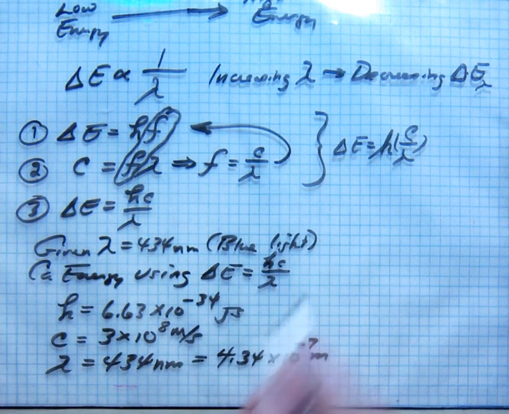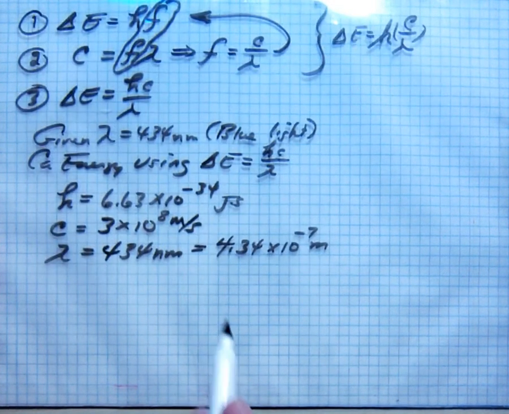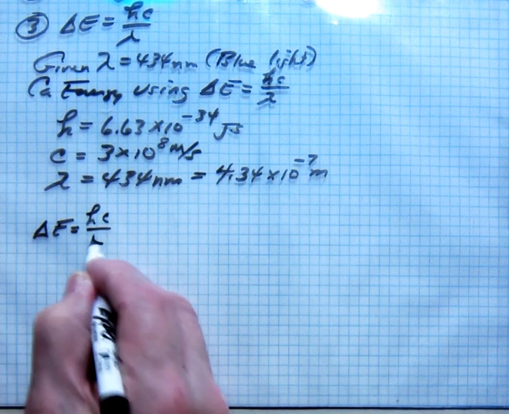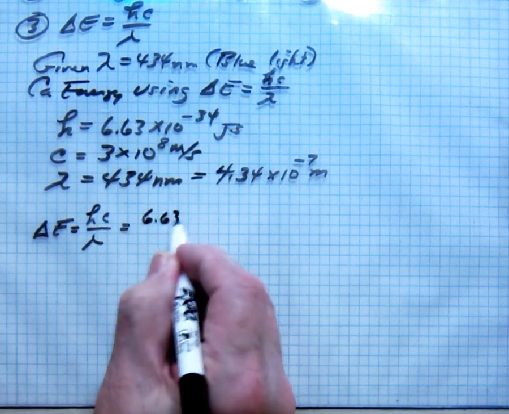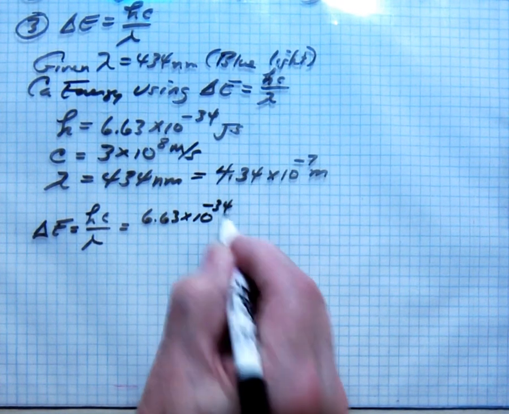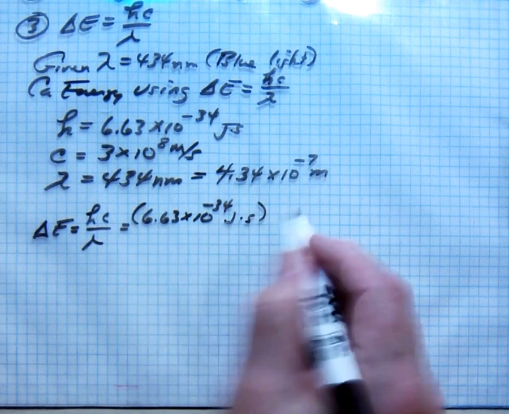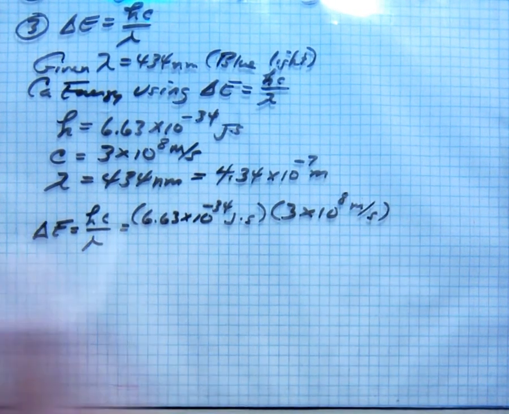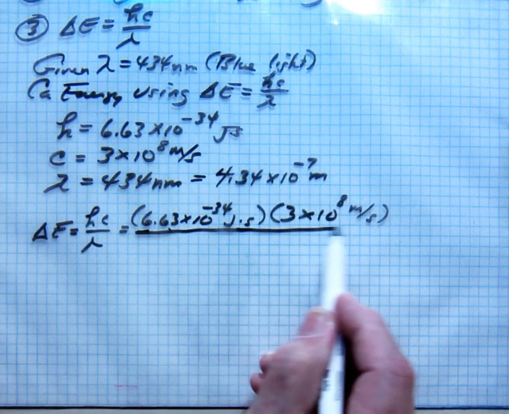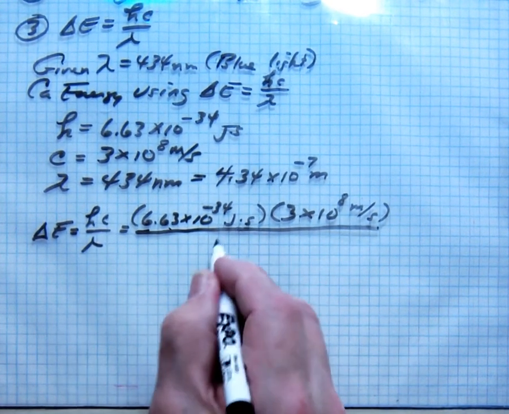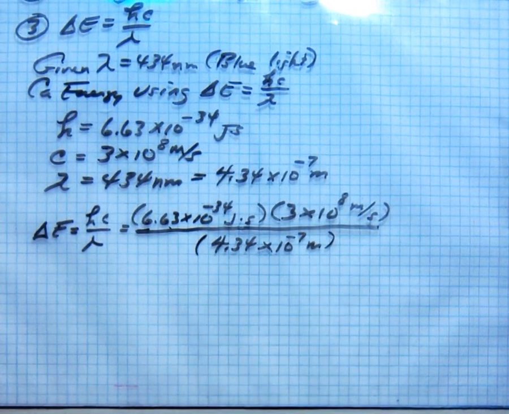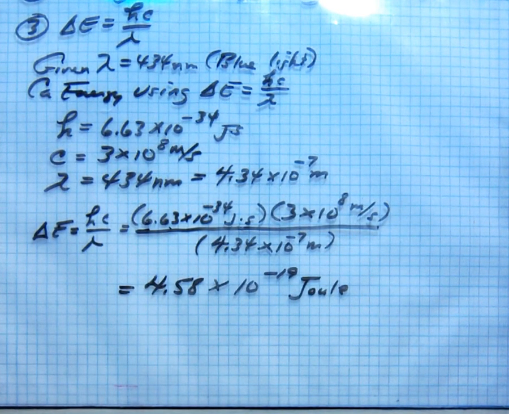So these three will substitute very neatly. Delta E equals HC over lambda: 6.63 times 10 to the minus 34 joule seconds, times 3 times 10 to the 8th meters per second, divided by lambda, which is 4.34 times 10 to the minus 7 meters. And that gives 4.58 times 10 to the minus 19th of a joule.